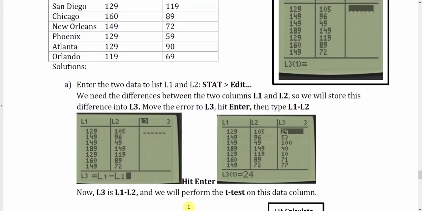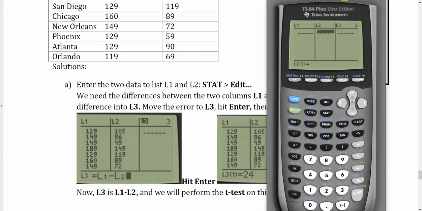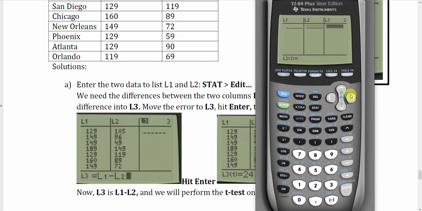Once you hit the enter, you just type L1 subtract L2. Okay, you want to find the difference for L1 and L2 and store them in L3. So just move the cursor up to L3 and then hit the enter.